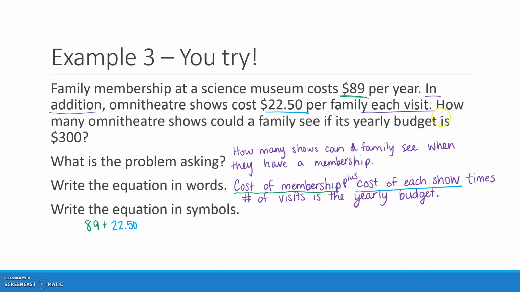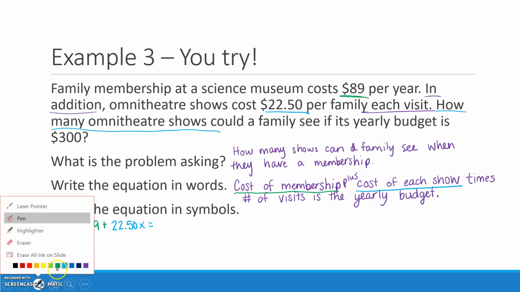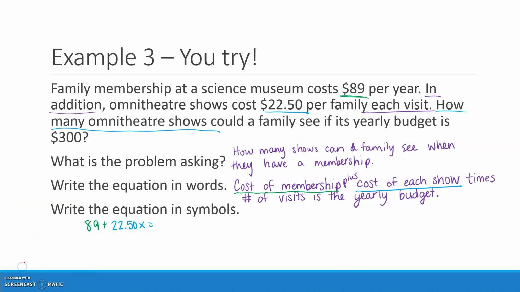But it says how many Omnitheater shows could they go to? We don't know how many shows they go to. So I don't like using S as a variable because it looks too much like a 5. So I'm just going to go ahead and use X. And X is going to be the number of visits, or the number of shows. And then equals the yearly budget. And their yearly budget is $300.